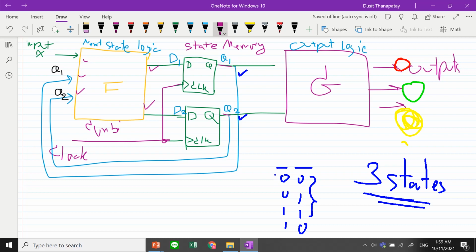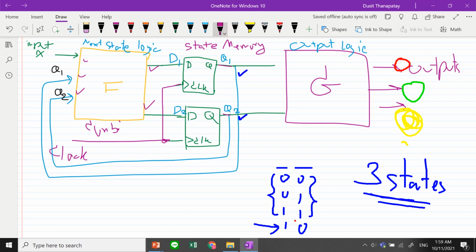We assign the binary code to represent each state and its meaning. It is called the state value, or state code.